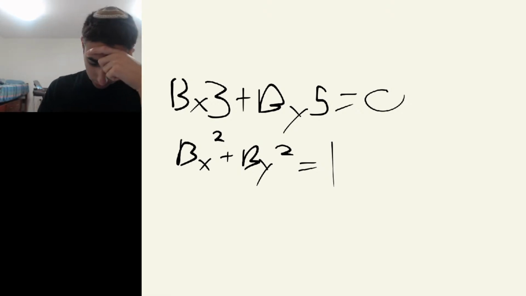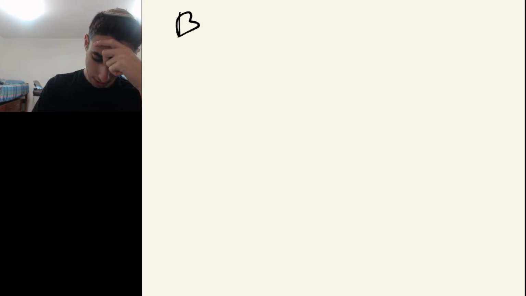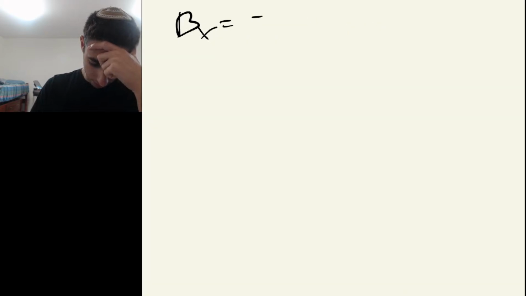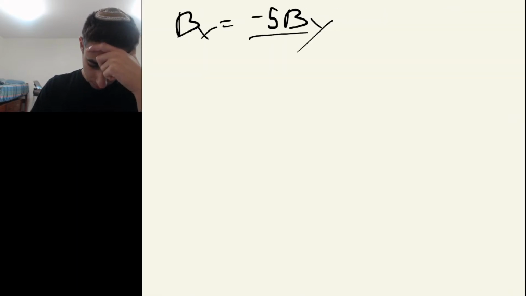So let's solve. bx equals negative by times 5 over 3. So bx equals negative 5 by, because we're going to move that over, divided by 3.